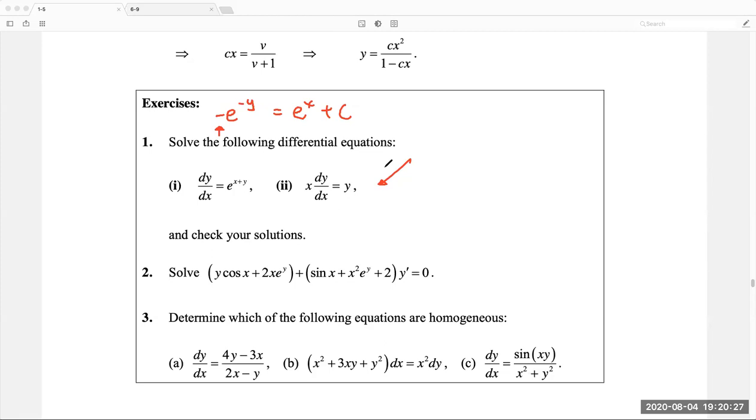It's like ln y equals ln x plus c, so y is equal to x times e to the power c.